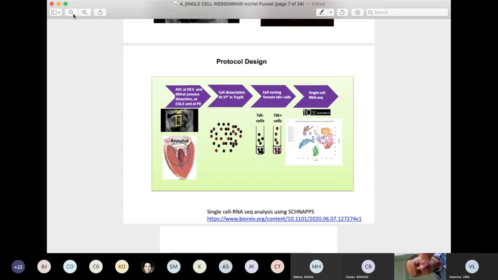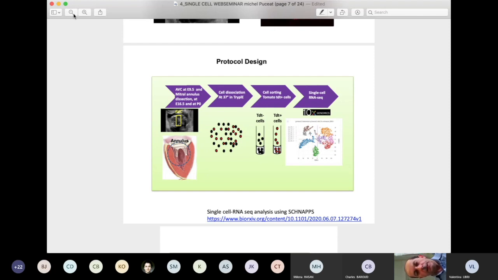We can dissect these regions very carefully in the embryos, then dissociate all the cells and go to FACS to sort out the tomato positive cells. These tomato positive cells are going to be processed for single cell RNA sequencing, and we use the 10x Genomics facility, as most people do now.